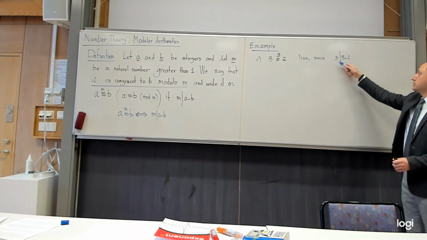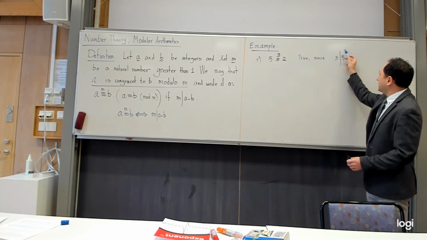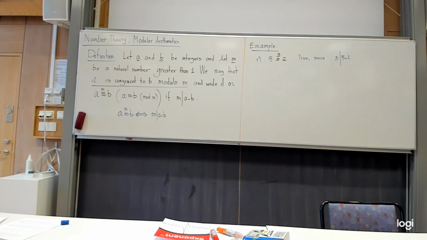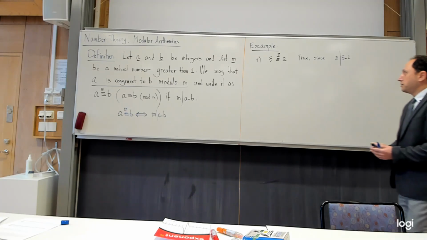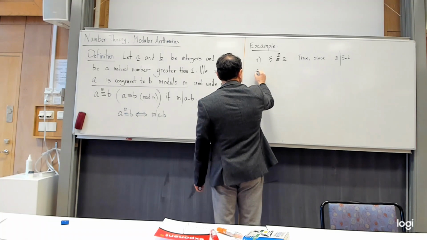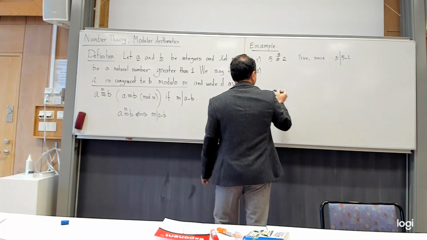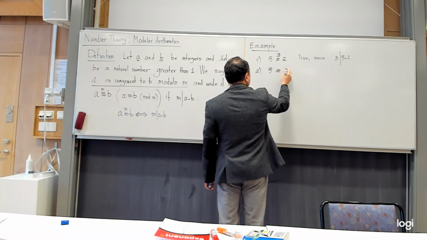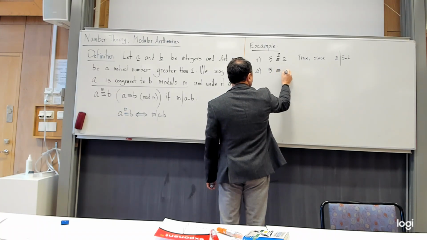5 minus 2 is divisible by 3, so you can write this in this new symbol, whatever it is. Okay, for example, what do you think about this? Number 2, I can say that 5 is congruent to minus 2 modulo 7.